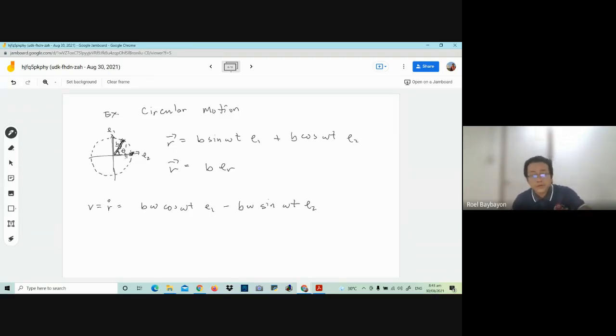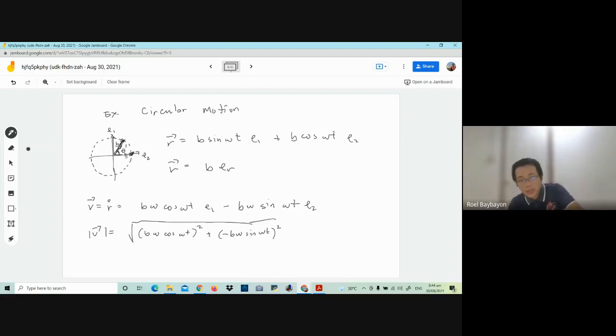Next, you can get the magnitude of velocity, which is just equal to the square root of b omega cosine omega t quantity squared plus negative b omega sine omega t quantity squared.